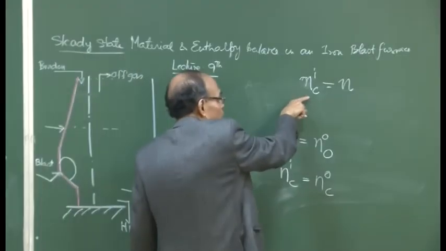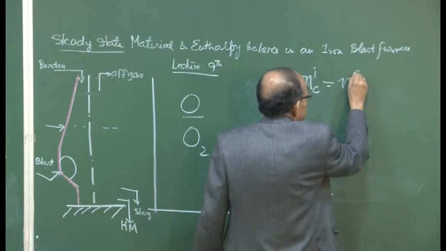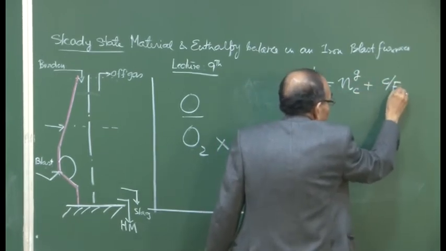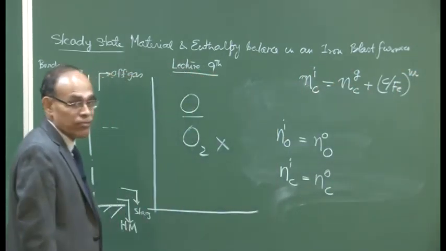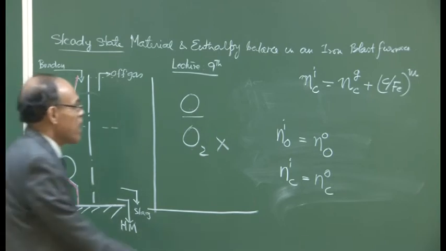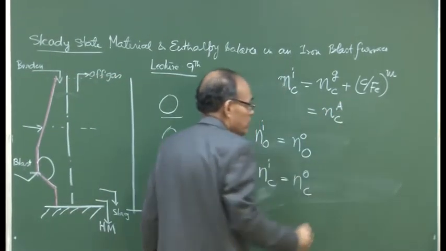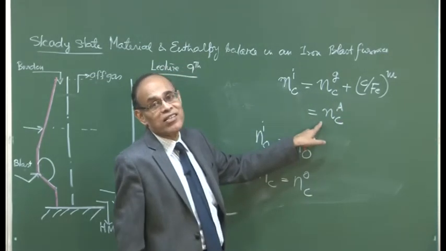Whatever carbon I have introduced per mole of Fe is in the gas phase, and some carbon is dissolved in the metal. So, active plus passive carbon, and this term is conventionally noted as NaC, the active carbon, and this is the true coke rate of the furnace.